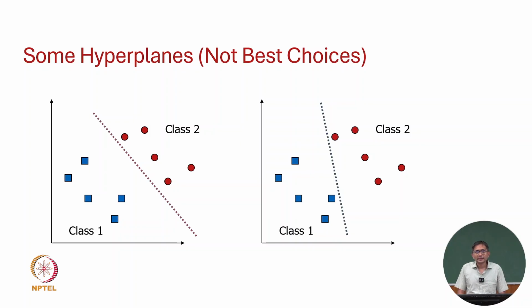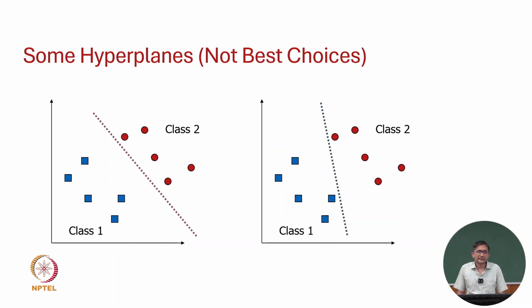Similarly, we can also think about the figure on the right side. It's a bit different. Here the line on one side is approaching class 2 so closely, whereas on the other side it's approaching class 1 so closely.